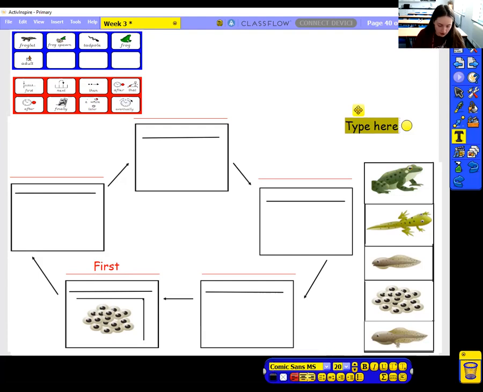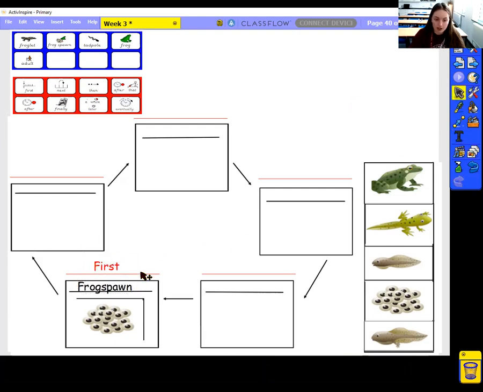Fantastic, it's frog spawn, so I'm going to write frog spawn. First, there is frog spawn. And then I'm going to follow the arrow to what happens next. And I'm going to use my time adverbials to describe what is happening at each point in the life cycle.